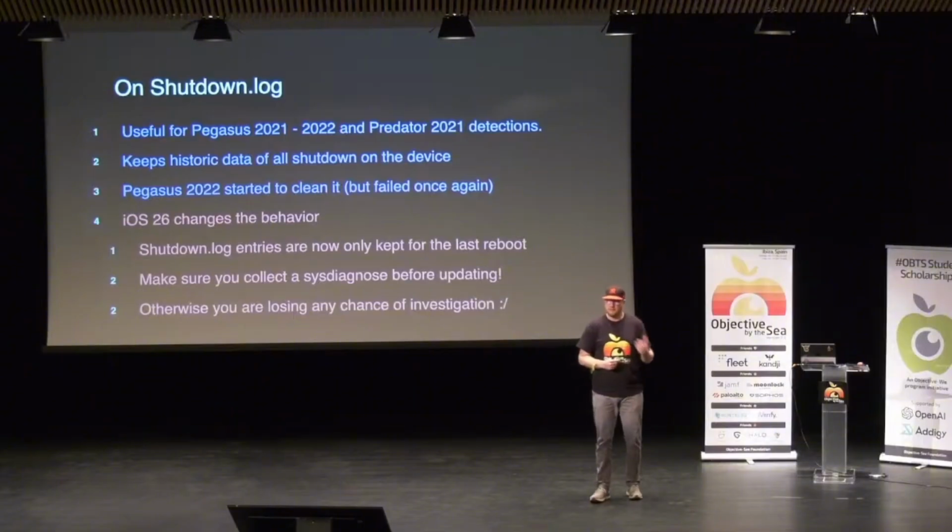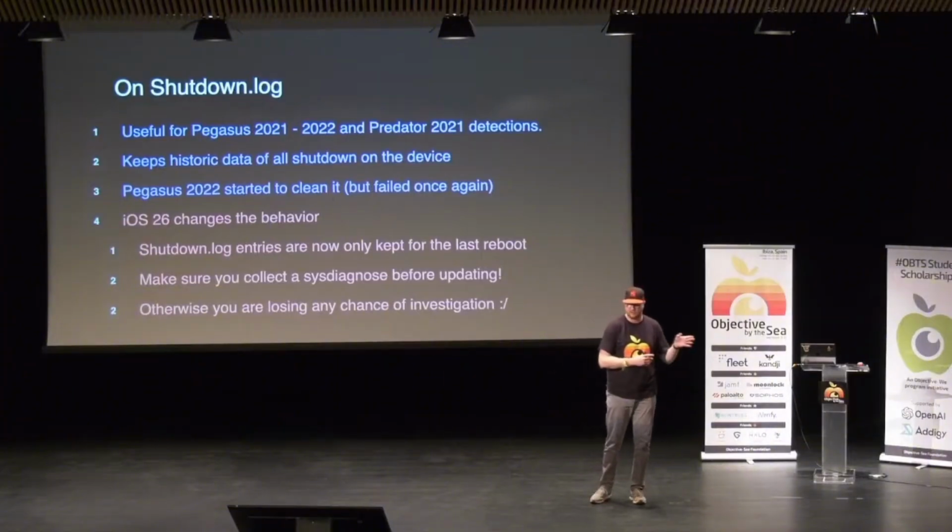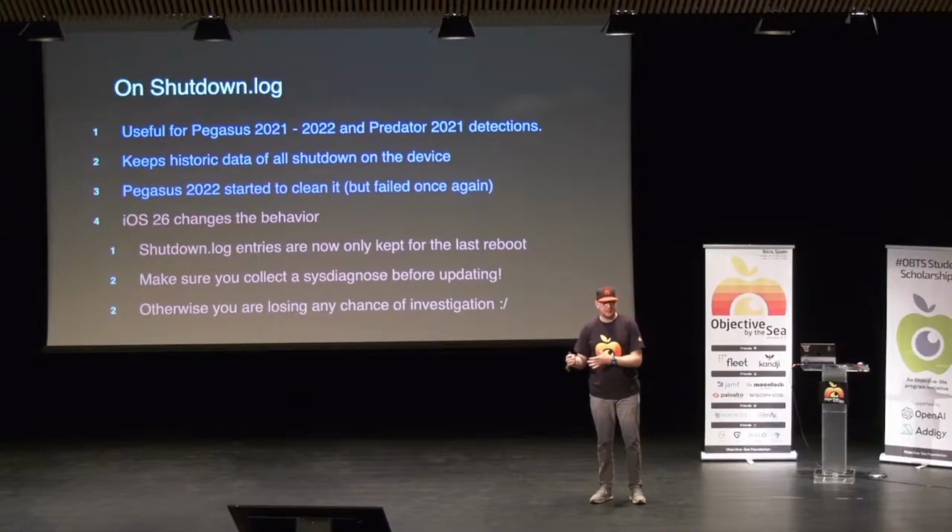So once you're updating your phone to 26 and you're doing one reboot, you are going to lose the entire history of all your shutdown log entries, and also the potential capability of detecting old Pegasus and Predator infections in there. So I can only recommend to take one sysdiagnose before you are actually updating the system.